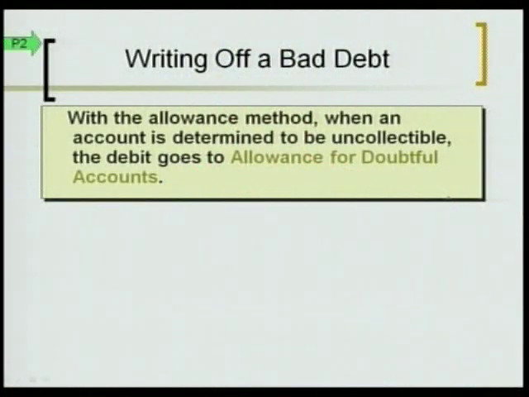Now I want to talk about writing off a bad debt. I want you to really focus in on what I'm saying. We are still using the allowance method. Before, we were talking about estimating bad debt expense, correct?